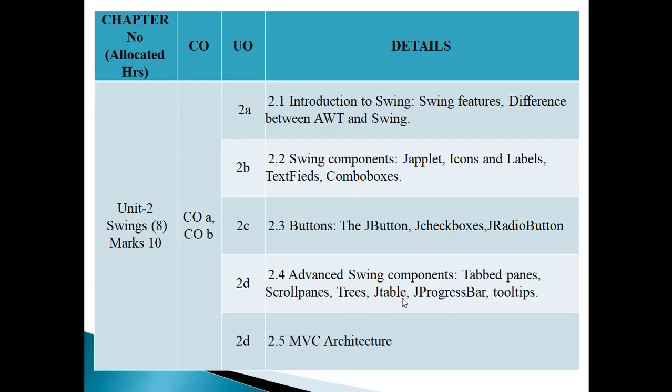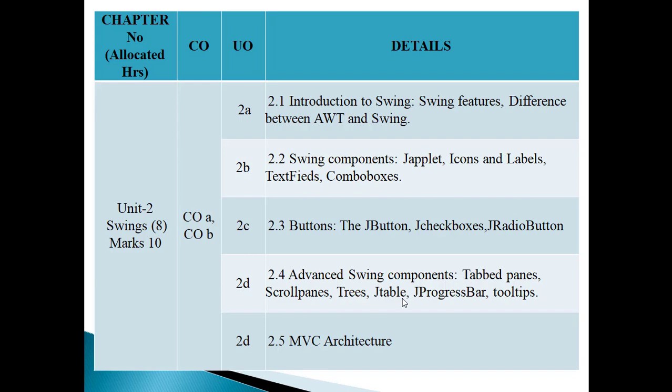Advanced features of Swing are provided, and these we are going to study in this point. And the difference between AWT and Swing we are also going to study. In the second point, JApplet, we have already studied applet. Advanced version of that applet is the JApplet. We are going to study it in this.